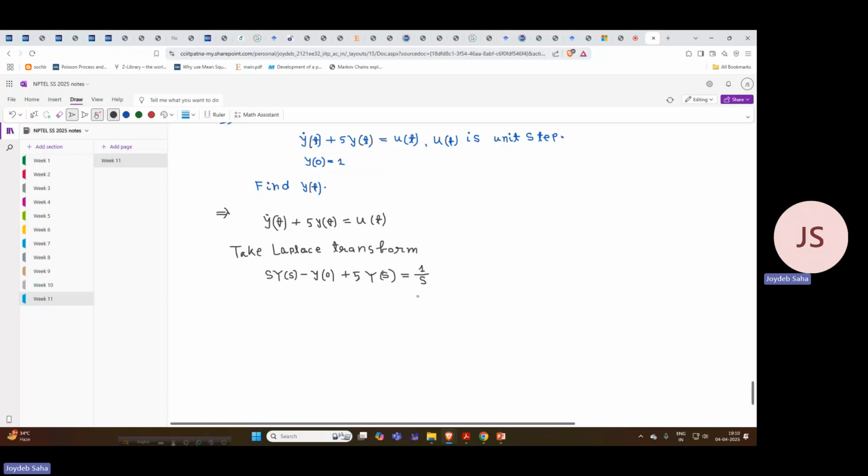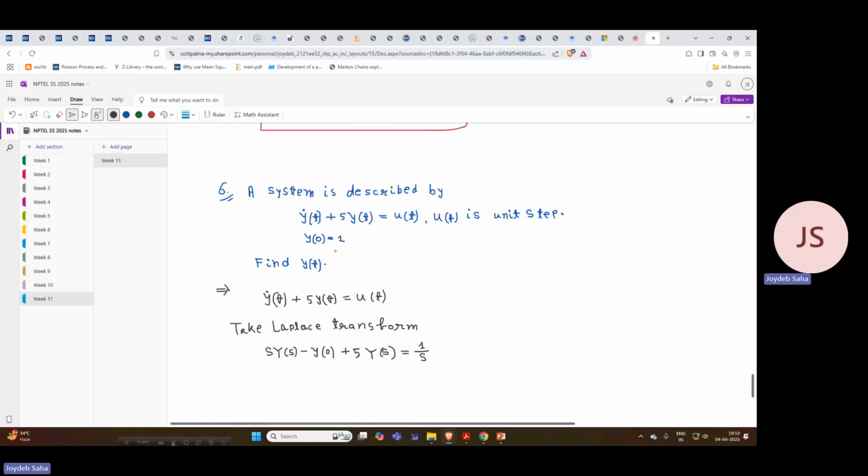Right? So is it clear what we are doing? We are taking Laplace transform at both sides. So y dot t, its Laplace transform is ys minus y0. Y0 is the initial condition and its value is given 1, right? In question, look here. Here it is given its value 1.